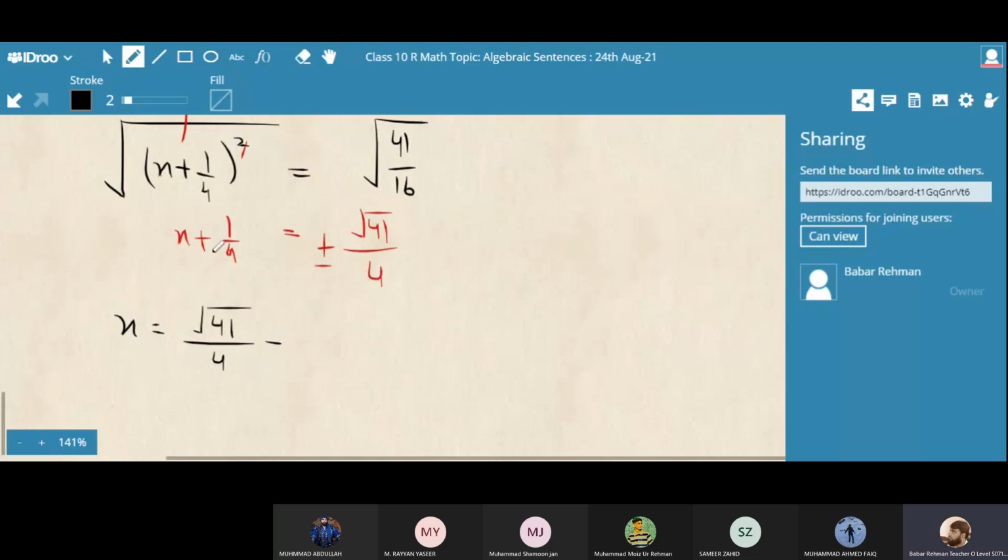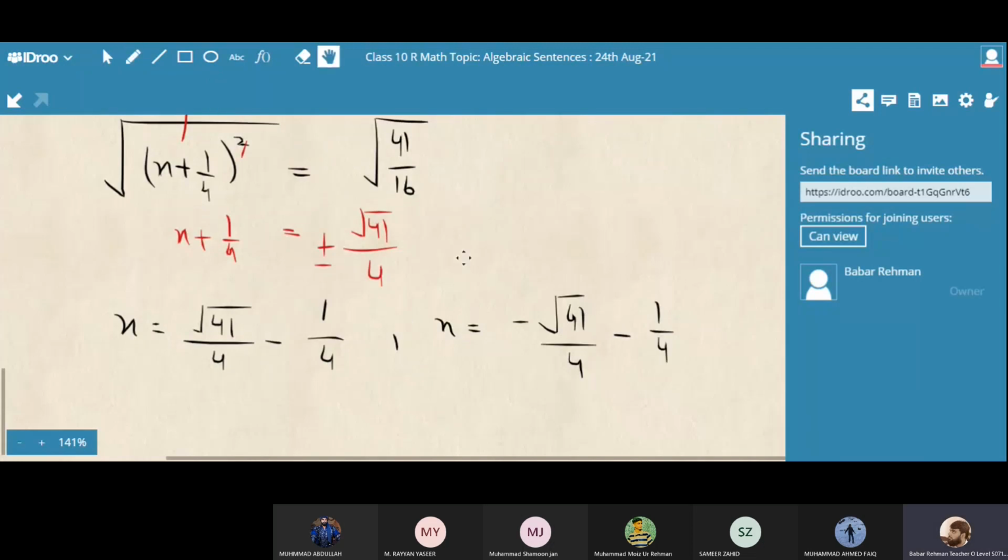Then this will go to the other side and it will be 1 upon 4. And similarly, x is equal to this will now be negative root 41 upon 4. And when it goes there, it will again be 1 upon 4.